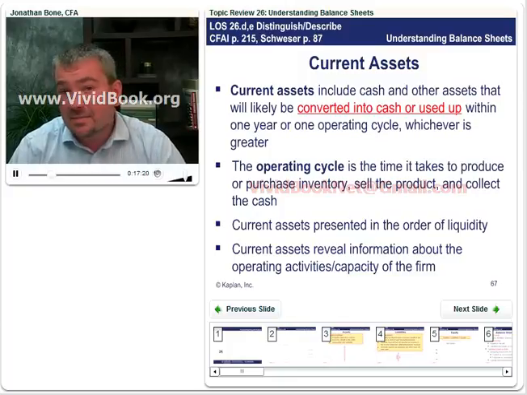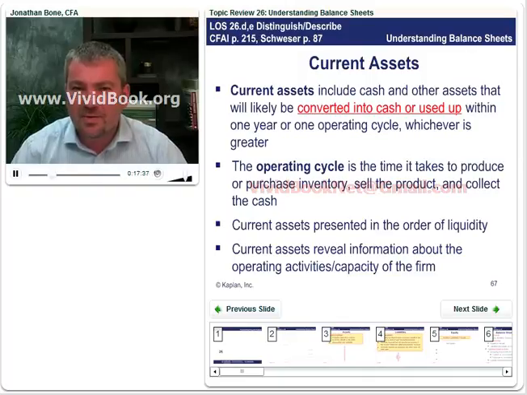Current assets are presented in order of liquidity. So essentially you see the most liquid first, and as you go down the list, the least liquid. Well, that's what you see under US GAAP. Interestingly enough, under IFRS, it's reverse liquidity order. Current assets reveal information about the operating activities and capacity of the firm.